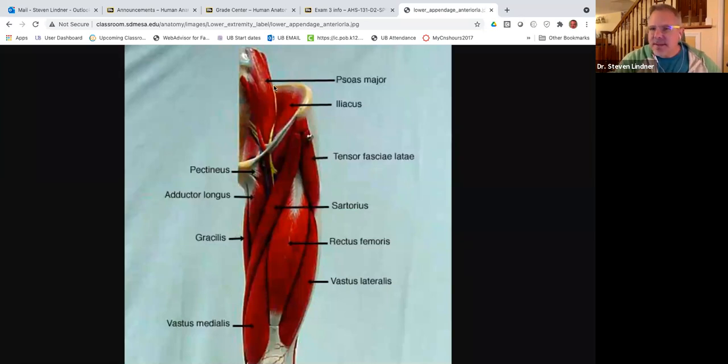But the psoas major is a hip flexor, whereas the abdominal muscles are not designed the same way as the psoas muscle is. The abdominal muscles, like the rectus abdominis, the obliques, the internal and external oblique, the transverse abdominis, they're stabilizers.